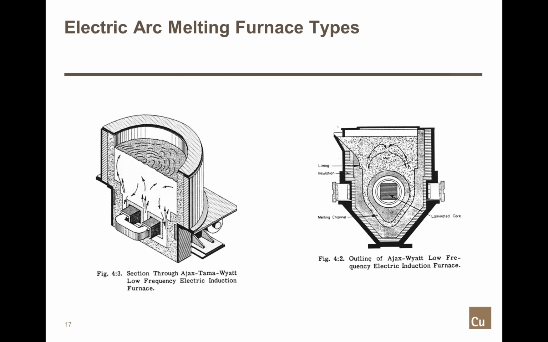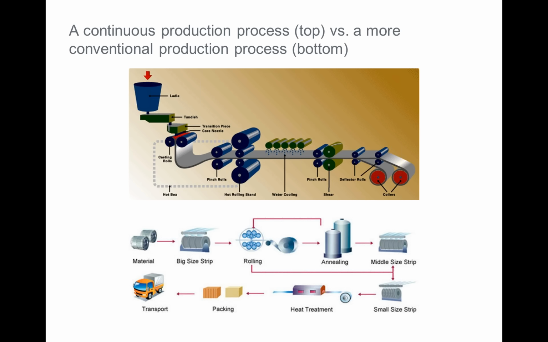These are schematics, and they just are examples of production processes. The top illustration shows a continuous production process. And by this, I'm trying to illustrate if you're making a certain type of product, and this can be good for a wire or a strip or a rod or other materials like that, you basically cast, do some hot working.